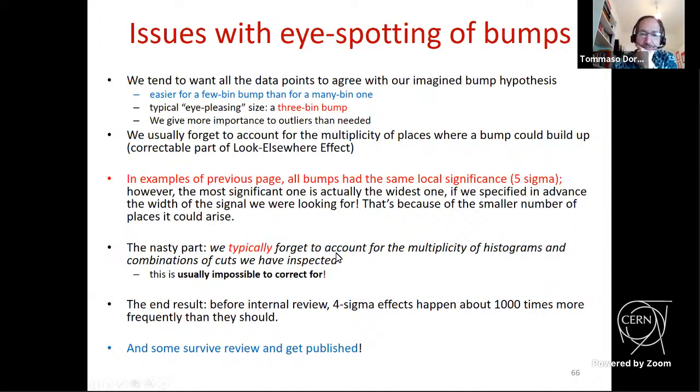The nasty part of all of this is that we not only forget to account for the possible places where a mass bump can arise, or the number of places that a significant fluctuation is arising in an otherwise smooth model, but we also invariably forget to account for the fact that we have been inspecting many different histograms, sometimes. Maybe we changed the selection that we subjected our data to.